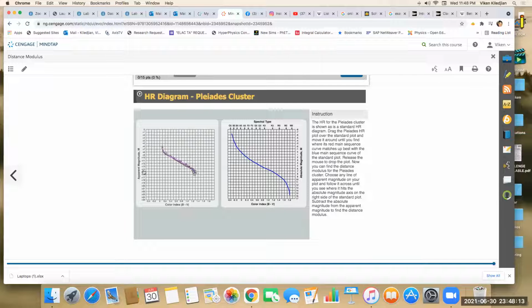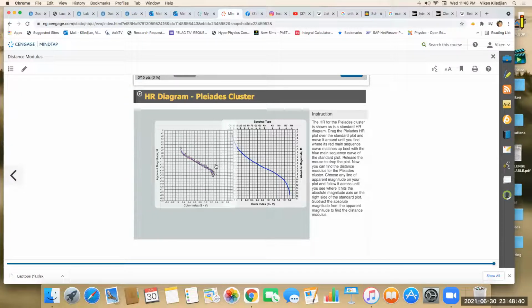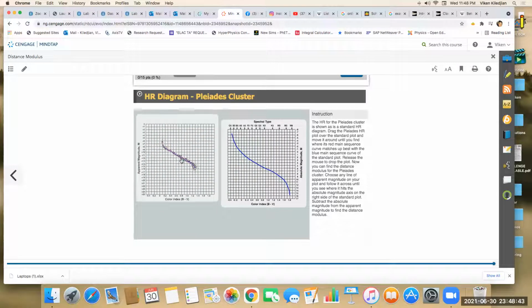So when we're plotting star clusters, we're plotting how apparently bright the individual stars of the cluster are, you see. And on the right side is a typical HR diagram of the stars' actual brightness, absolute magnitude. So if we go like this, overlap them, let's see here.